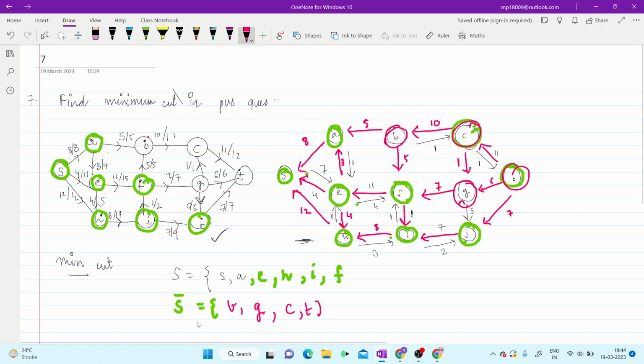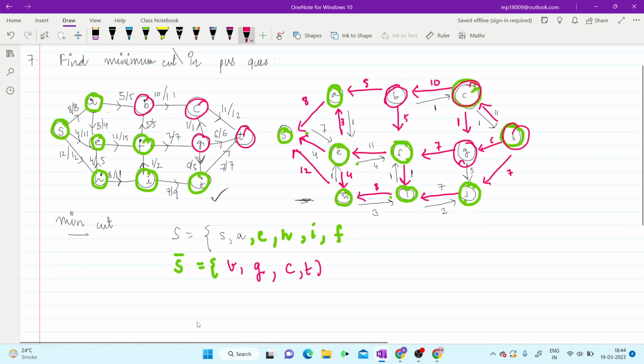How should we check if it is a minimum cut or not? We find the capacity, and if it is a minimum cut it should come out to be the flow value, which is equal to 24. So this is our cut.